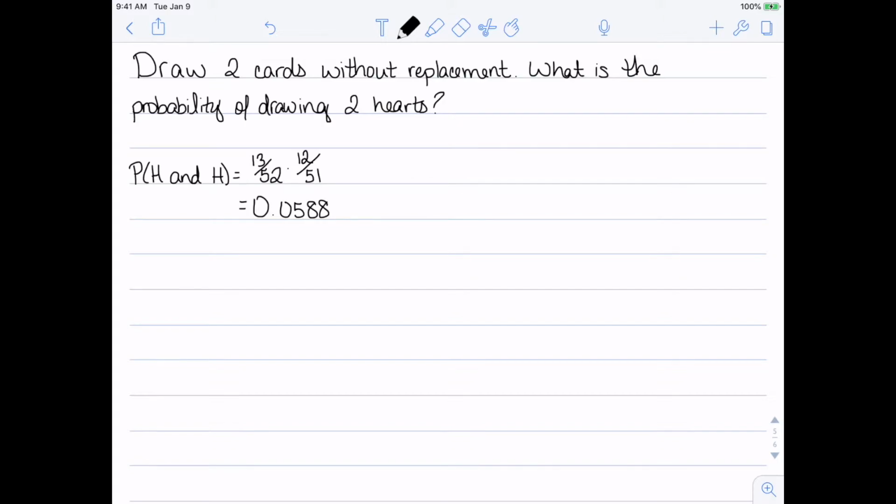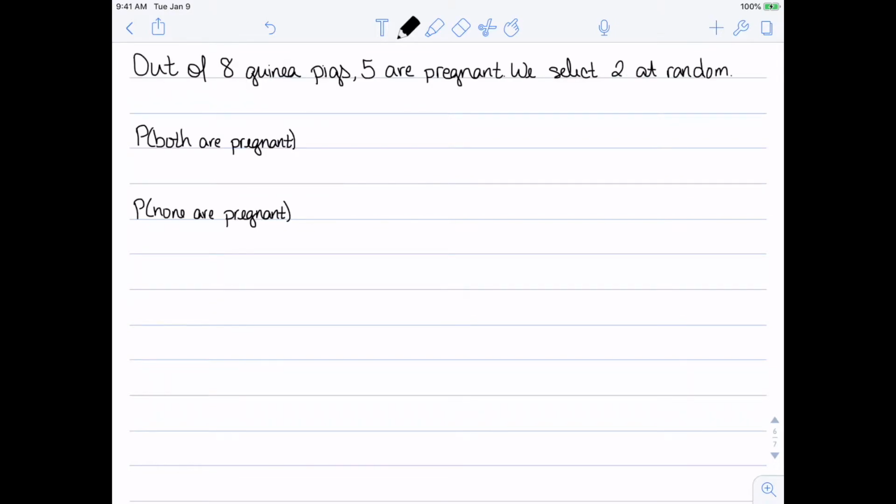Let's do one more example. So out of 8 guinea pigs, we know that 5 are pregnant, and we're going to select 2 at random. So I actually want to find 2 things, the probability that both of them are pregnant and the probability that none of them are pregnant. So let's start with the first one, the fact that both of them are pregnant. So when I pull the first one out, I would have 5 out of 8, since 5 out of 8 are pregnant.